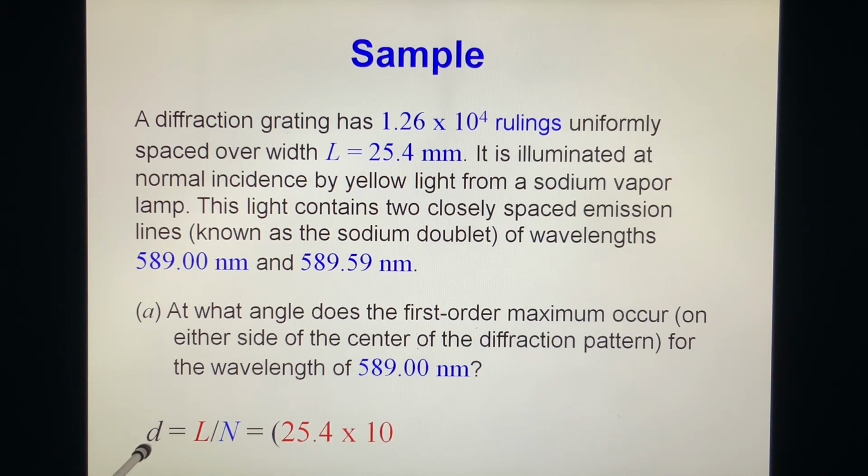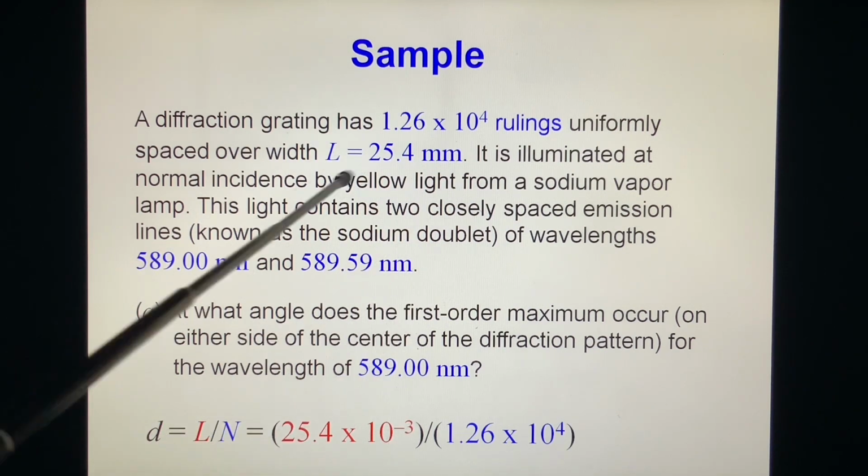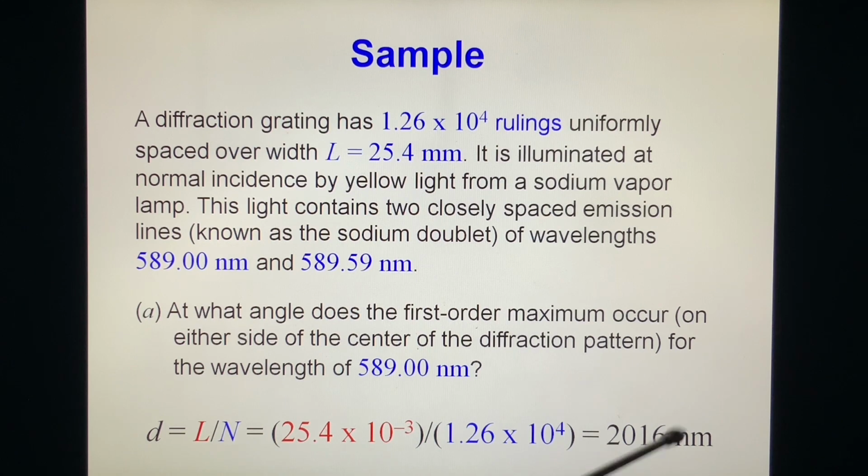So we see the separation is L over N. L is 25.4 times 10 to the minus 3 meter, and N is 1.26 times 10 to the 4. So we get d, which is about 2 times 10 to the minus 6 meter.